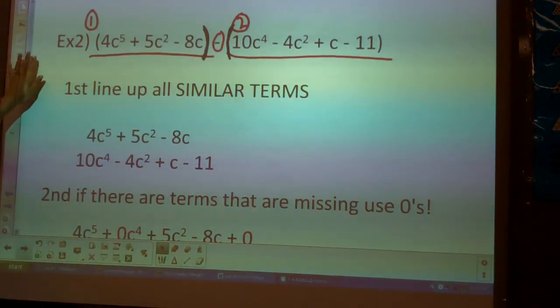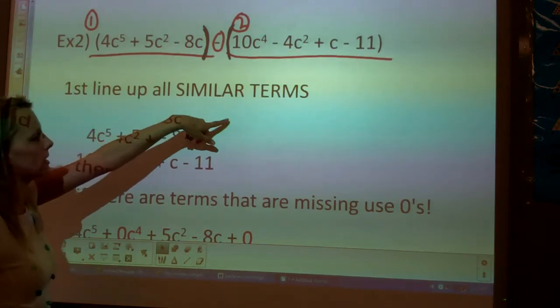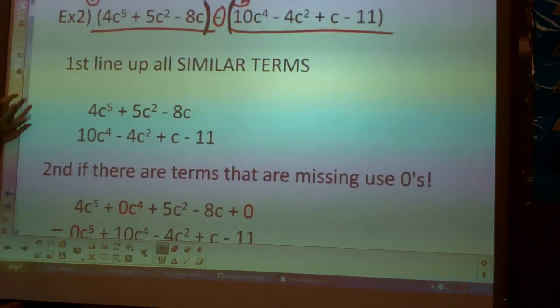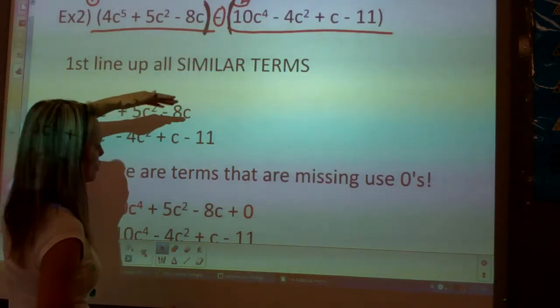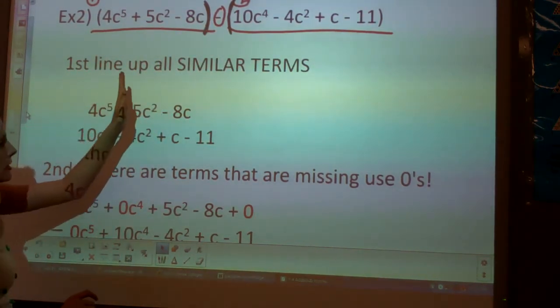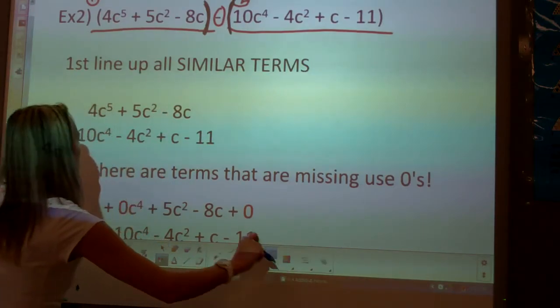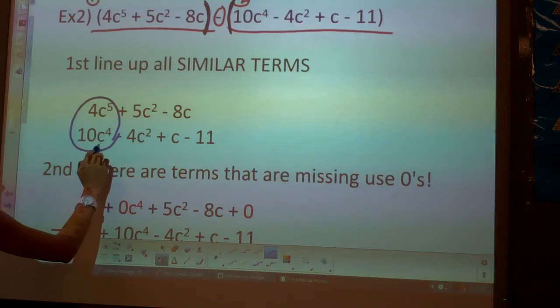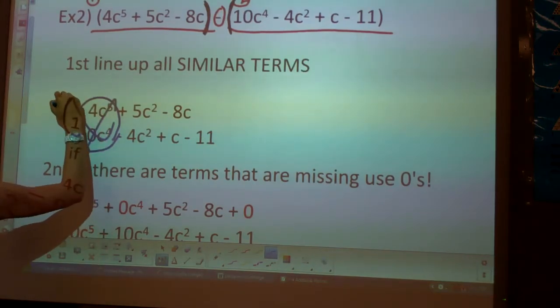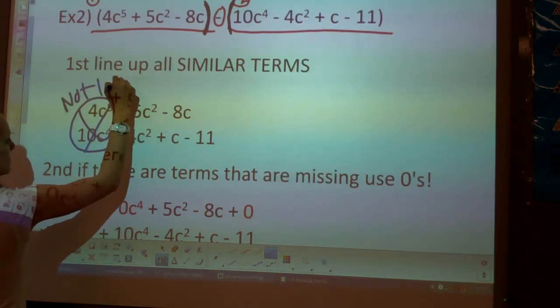So just like addition and just like our last problem, you need to line up your similar terms. So let's rewrite our polynomial 1 above polynomial 2 and make sure that all of our like terms are above each other. So can we add c to the 5th and c to the 4th? No, these are not like terms.